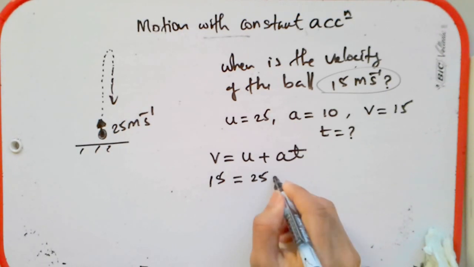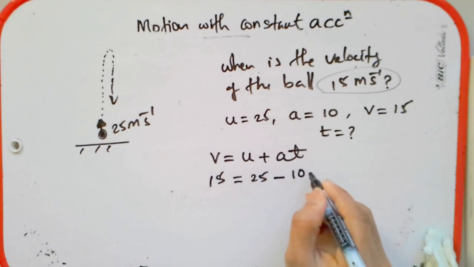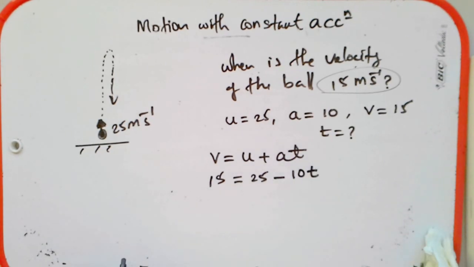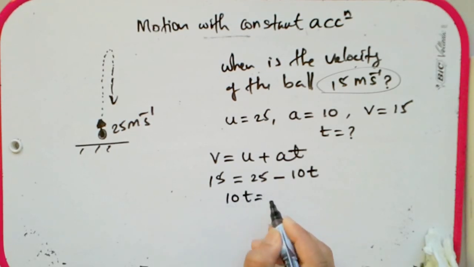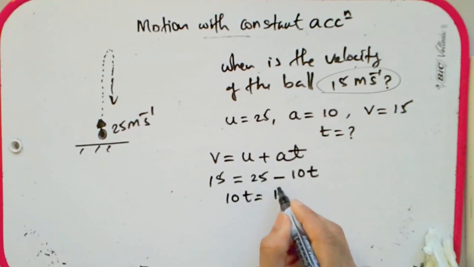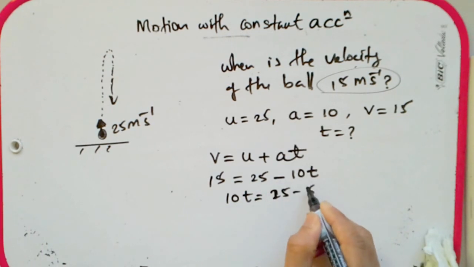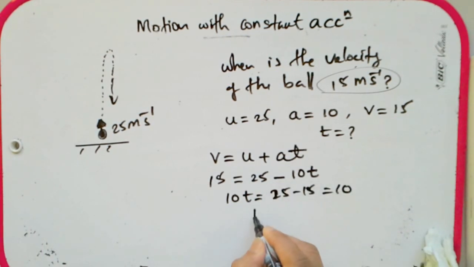So I'll put a minus sign. Minus 10t. If you simplify this, 10t is equal to what? 25 minus 15, which is equal to 10. Therefore, t equals 1 second.